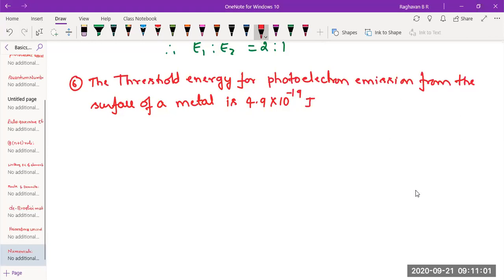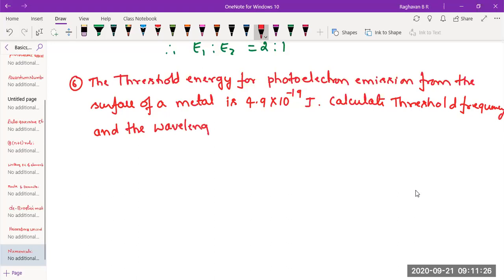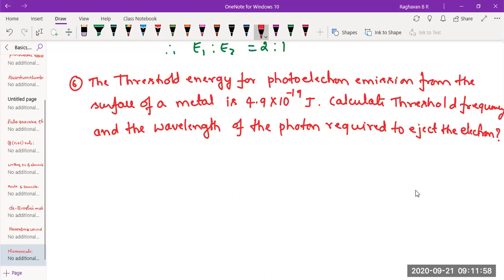Calculate the threshold frequency and the wavelength of the photon required to eject the electron.